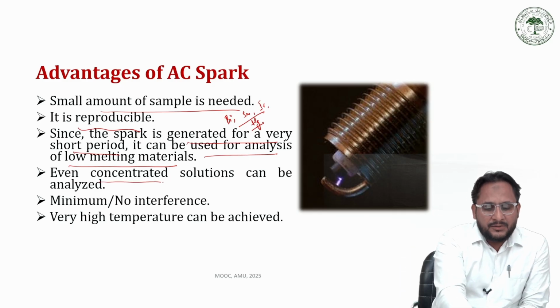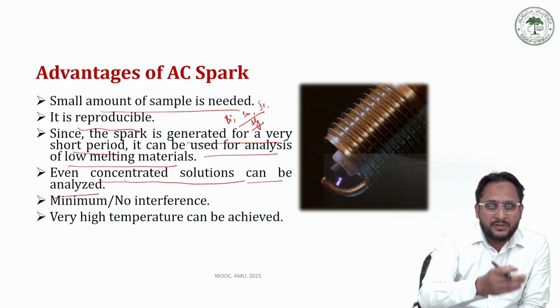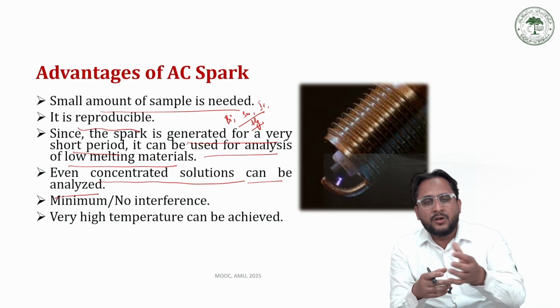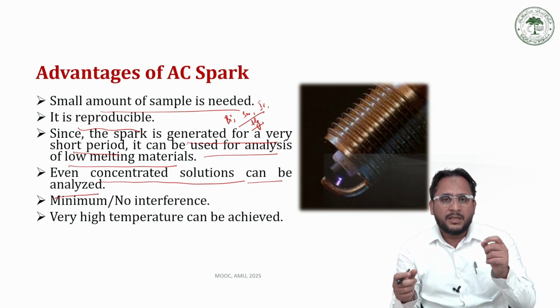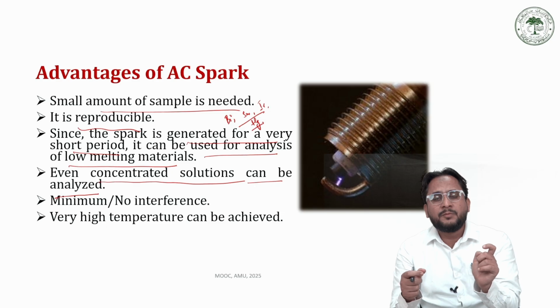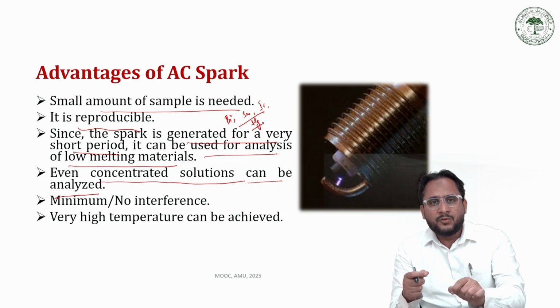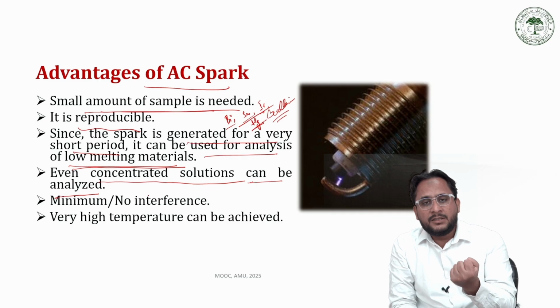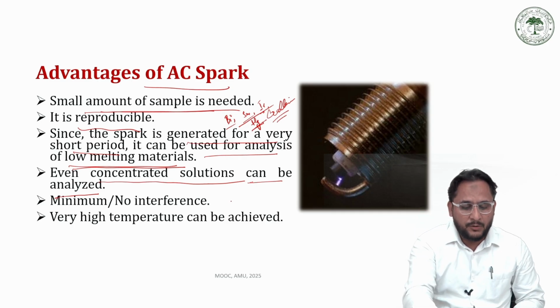Even concentrated solutions, as I just mentioned, can be analyzed, because concentrated solutions, if heated for a longer period of time, have a large number of atoms in the excited state. Therefore, for such solutions we prefer a momentarily available energy which is only passing, and since the energy is for a very short period, the chances of interferences are also quite low.